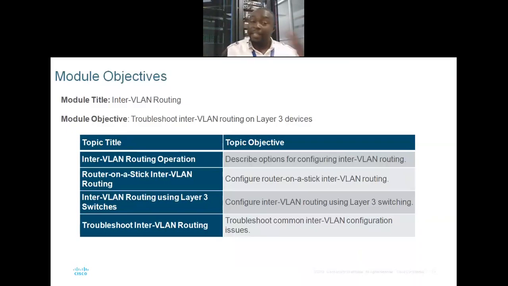So I have guest VLAN, student VLAN, staff VLAN, finance VLAN, and each of those VLANs are independent of each other. So the systems in maybe the guest VLAN do not have access to devices in the students VLAN.